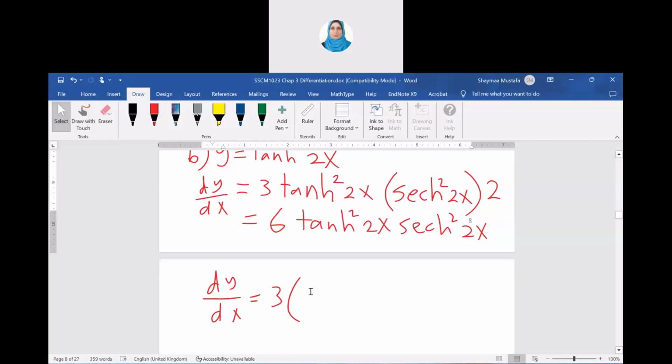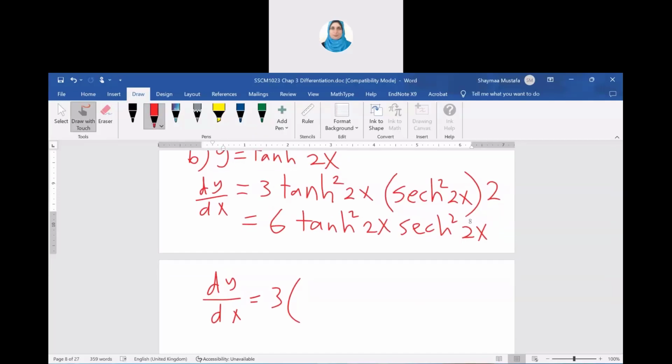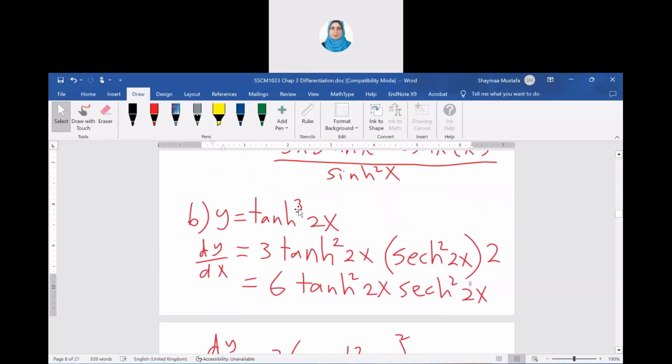They start to find the derivative for tan directly. So they say the derivative for tan is sec square 2x, times 2. Which is incorrect.